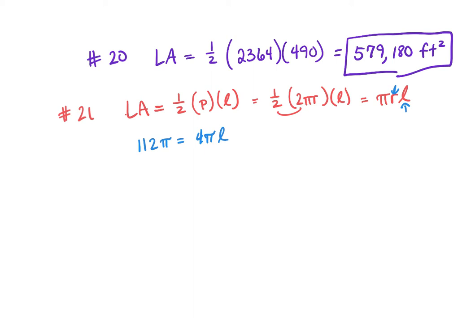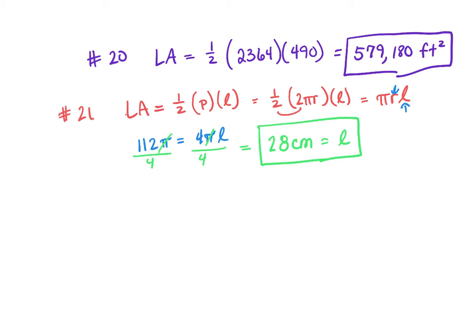Now the pi's are going to cancel out if you divide both sides by pi. So to find L, what do we need to divide by? 4. What happens when you divide by 4? You should get 28 centimeters. 28 centimeters is my slant height.